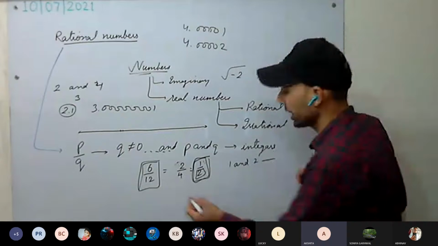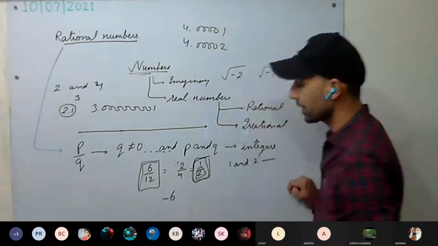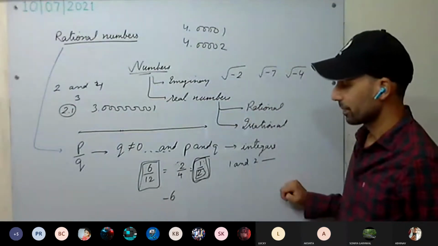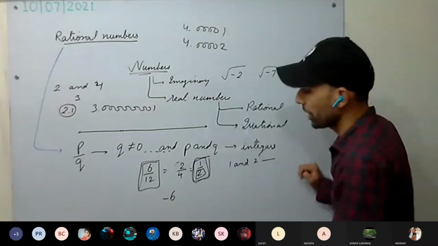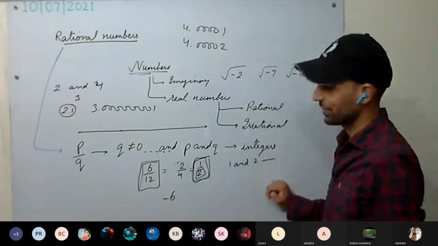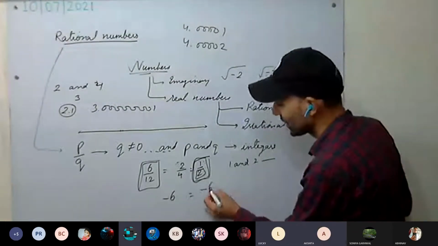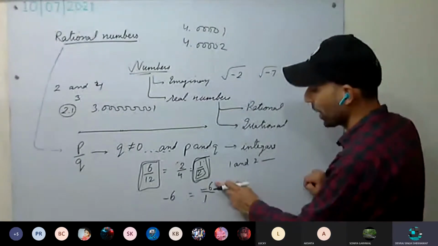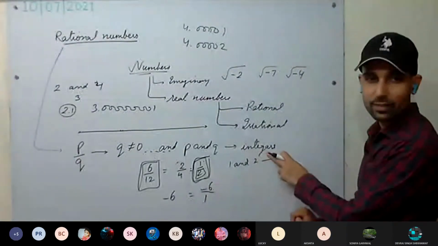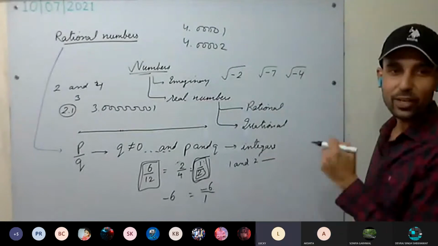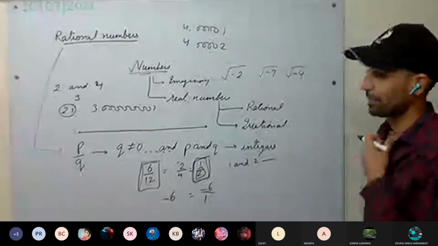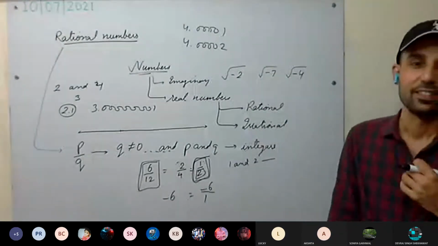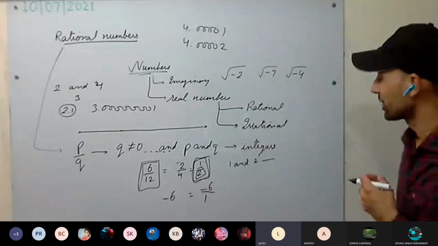Understood? Okay. Minus 6, is it a rational number? Yes, sir. Okay, what is the denominator? 1. Minus 6 upon 1. Minus 6 and 1 both are integers. What do you mean by integers? Sir, both positive and negative numbers.